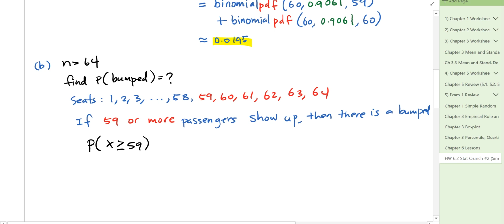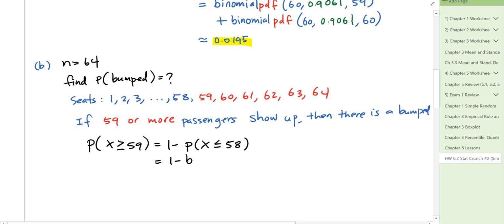Let's think about it. If I want a probability greater than or equal to 59, that's the same thing as 1 minus the probability of x less than or equal to 58.